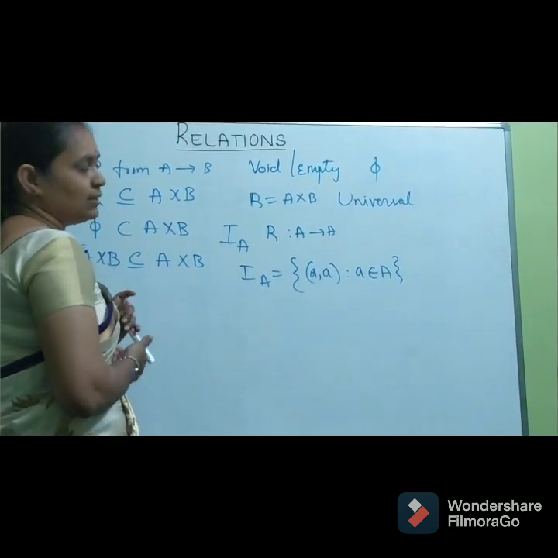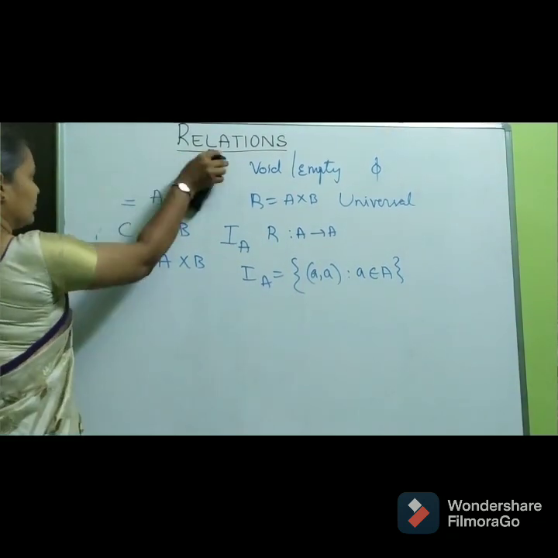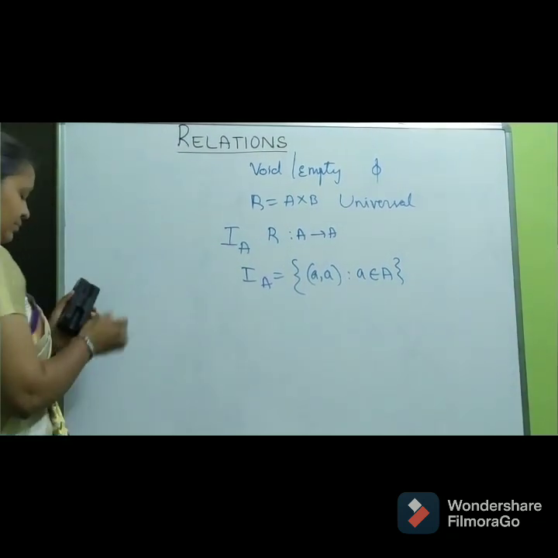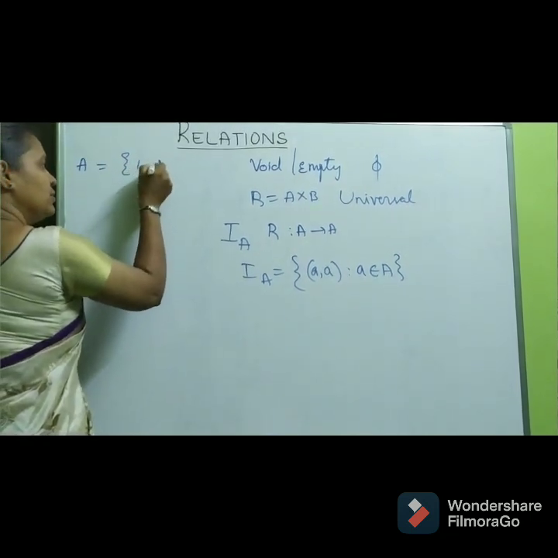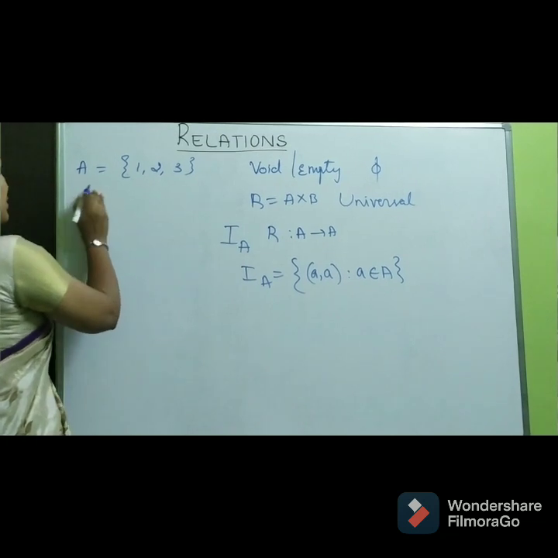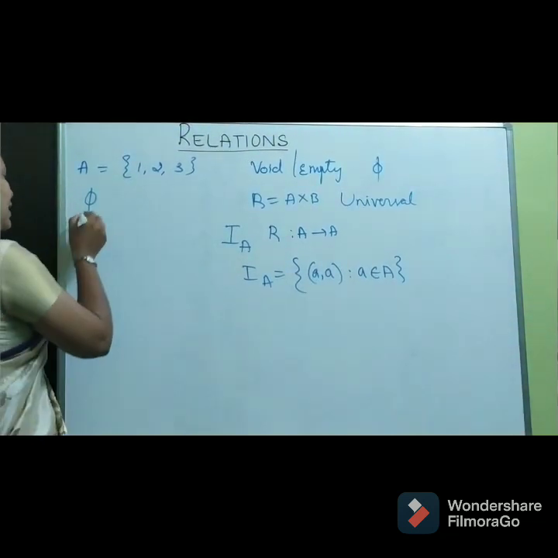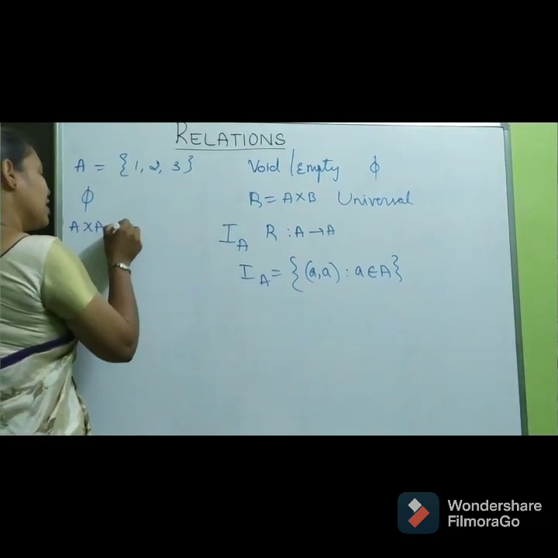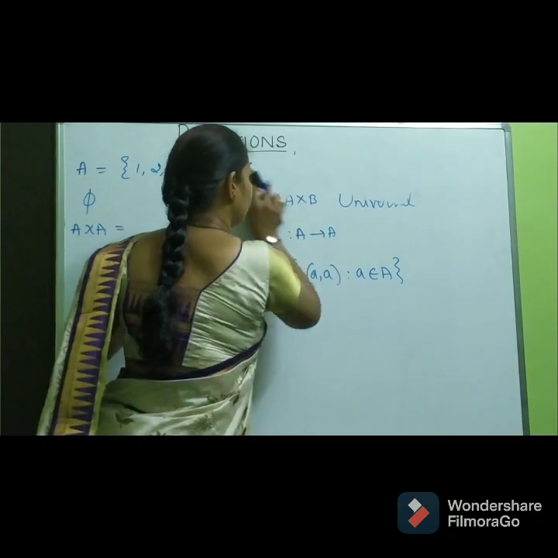So let me take a set A. Let A be equal to {1, 2, 3}. So this is the empty relation. And what will be A cross A, our universal relation?